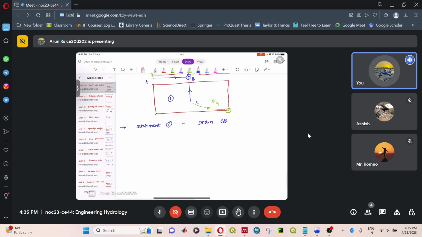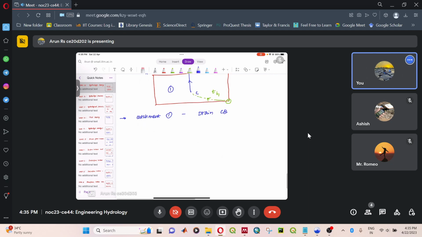So the contributing area for drain CB is only catchment 1. So all the water from catchment 1 is going to drain to the point C, and then it's going to go to the point B. So the first thing is you determine your contributing area.